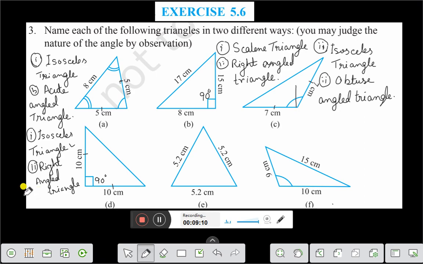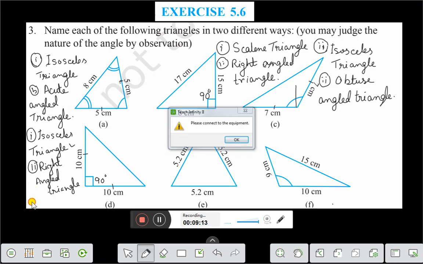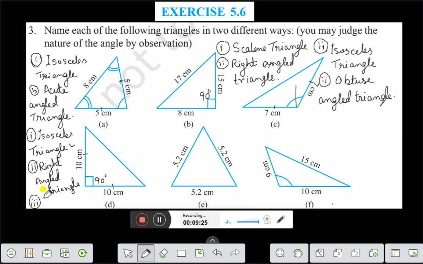If we mix these two, we can also say that it is a right isosceles triangle. Right isosceles triangle.